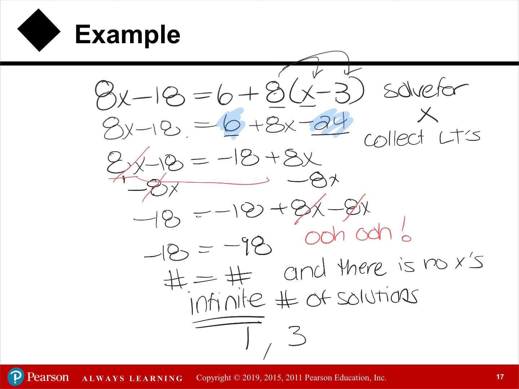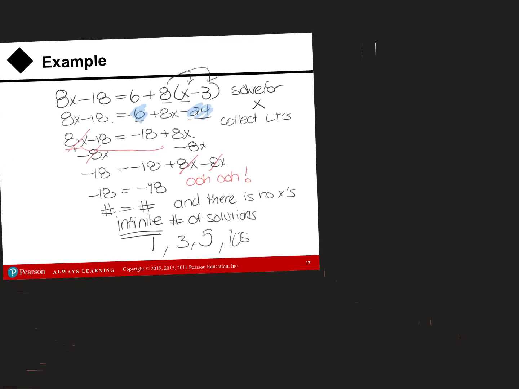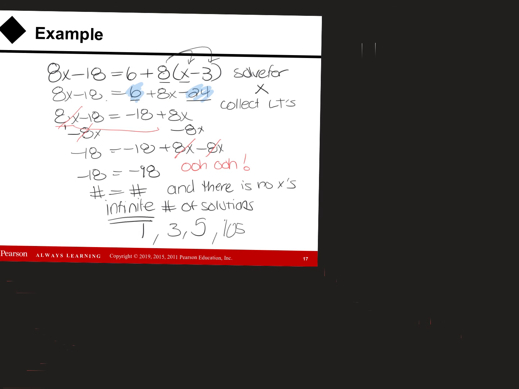I could pick 3, I could pick 5, or you could even pick 105 and put it in and it will be true. So I'll just show you a couple so that you can see what that means. You don't have to do this every time.